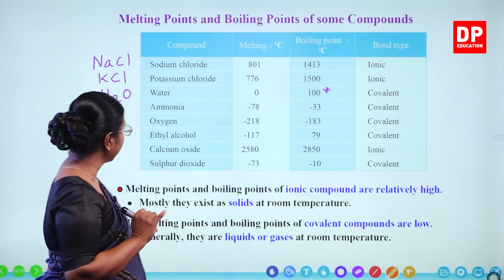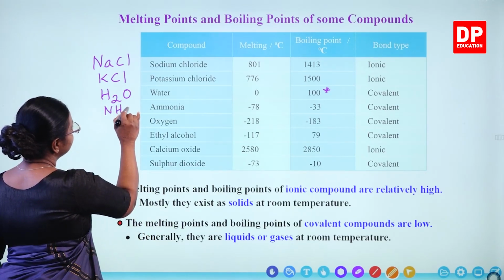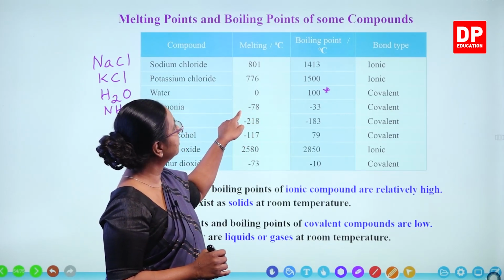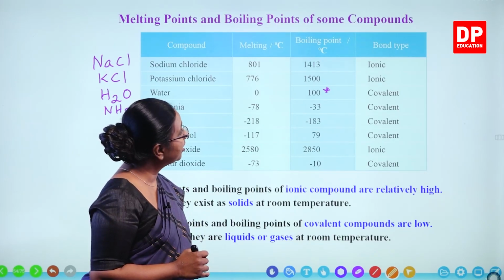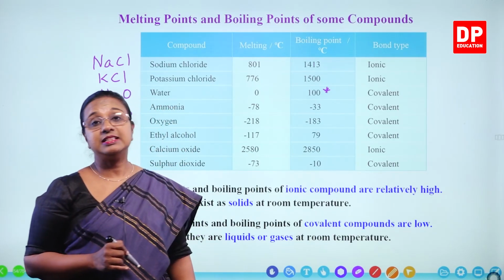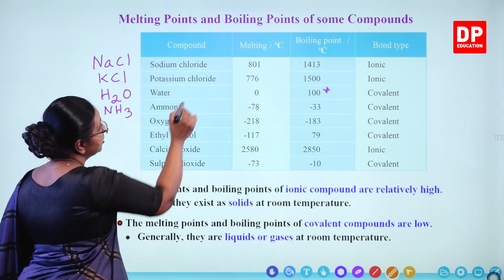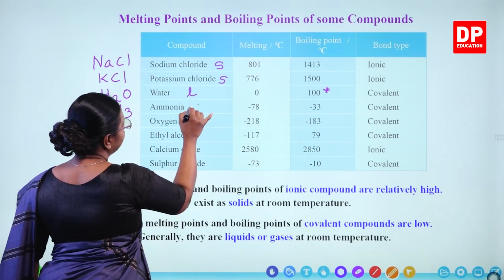You can remember that. Then we have ammonia, NH3. Here you can see minus 78 degrees Celsius is the melting point and boiling point is minus 33 degrees Celsius. So this is a gas. So far I told you all, this is a solid, this is a solid, that is a liquid.